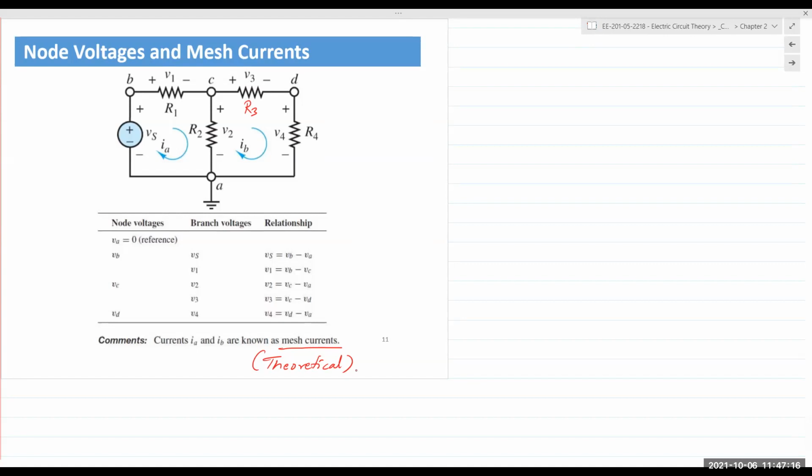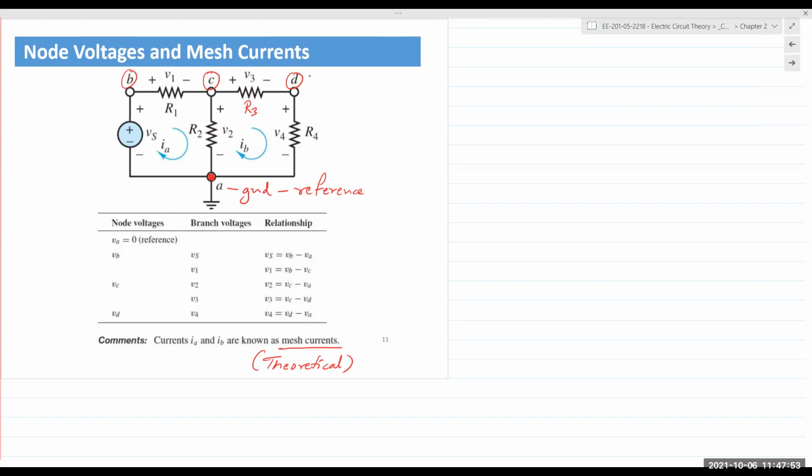Okay, so let's look at the circuit. A is at the bottom, connected to ground. It is also our reference node, meaning all other node voltages are measured with respect to node A. When we say VB, VC, VD, the three nodes up top, B, C, and D, all of those nodes are measured with respect to ground.